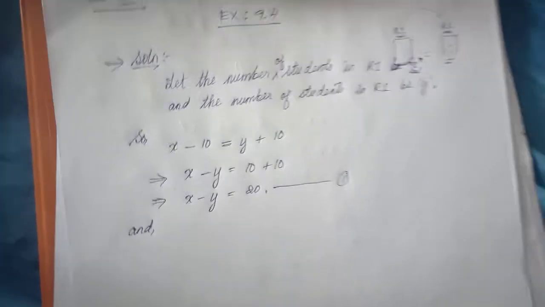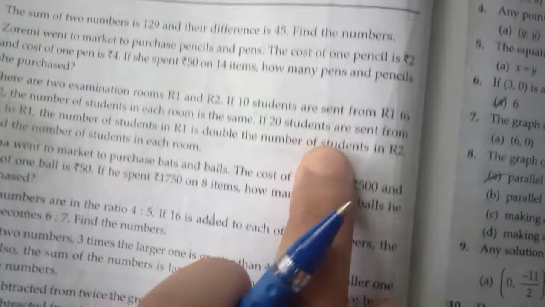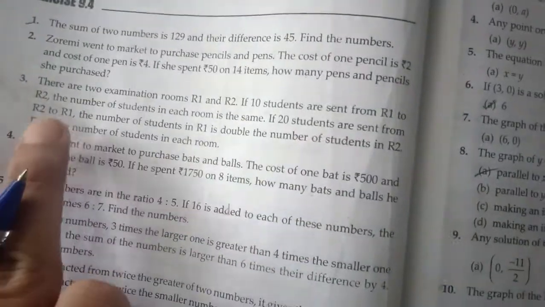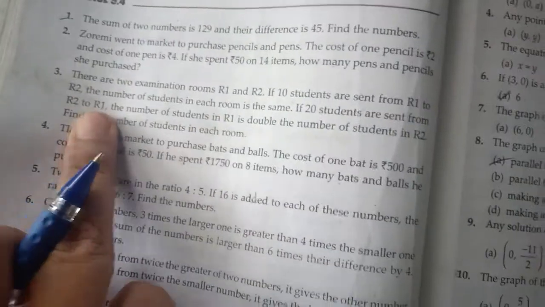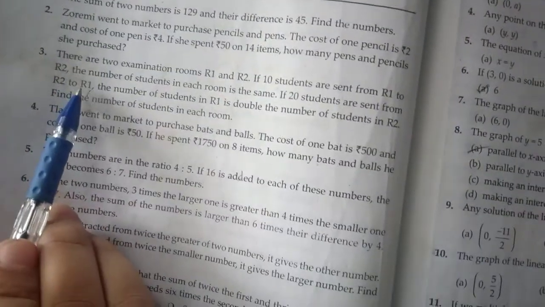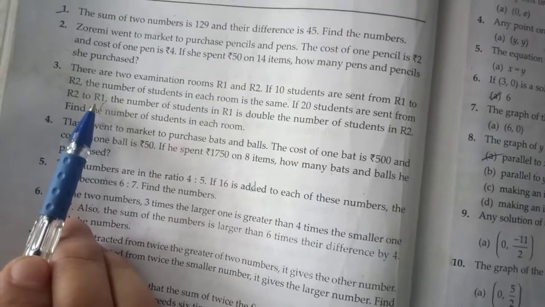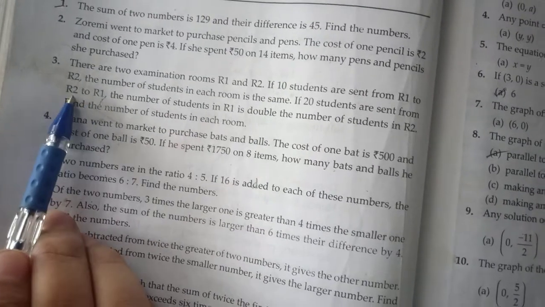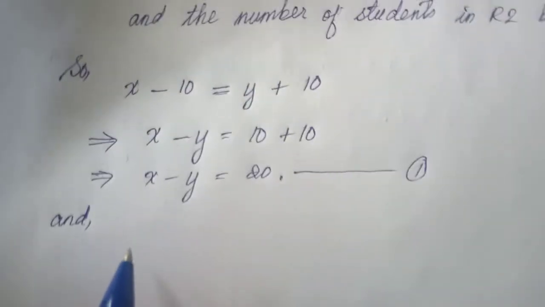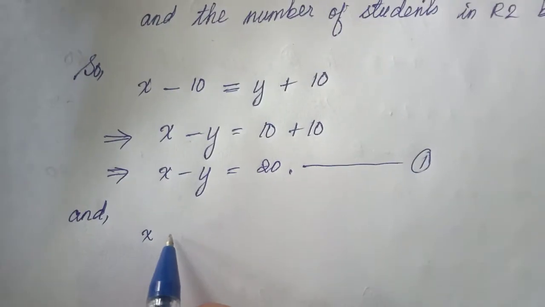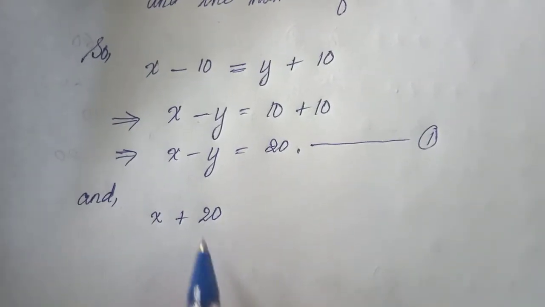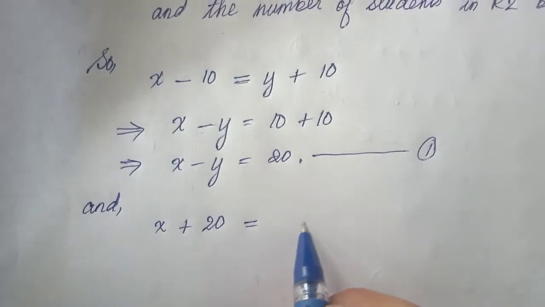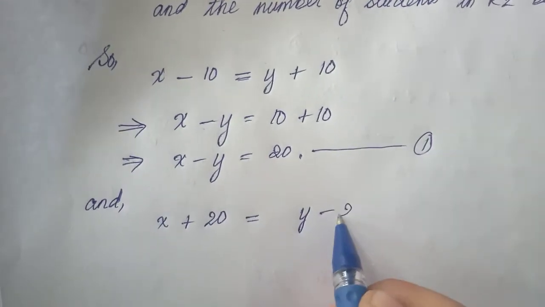What does the question say? If 20 students are sent from room 2 to room 1, that means that R1, that is x, will have 20 more students, then R2 will have 20 students less.